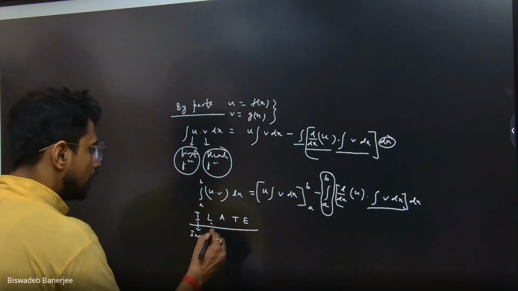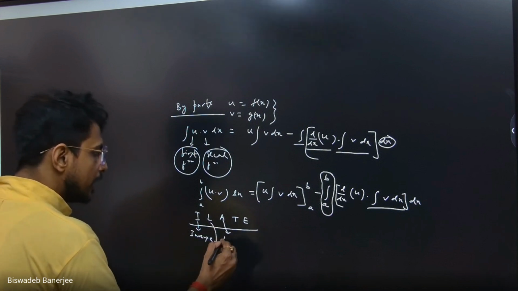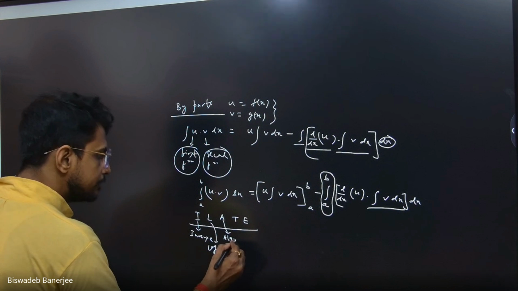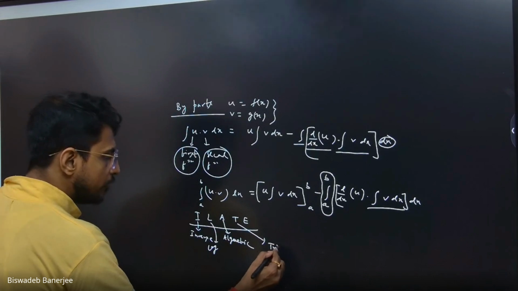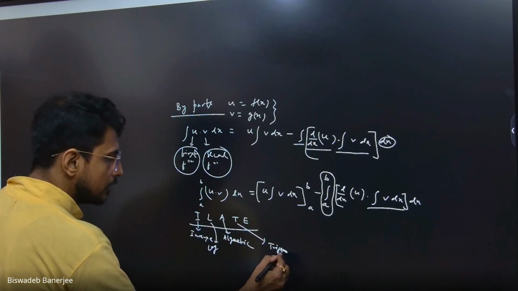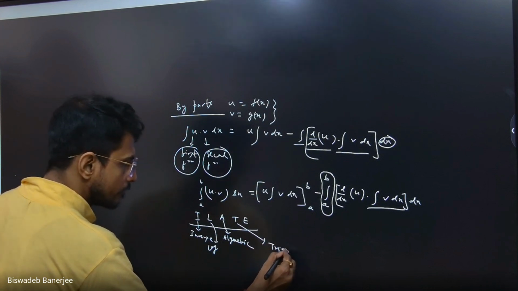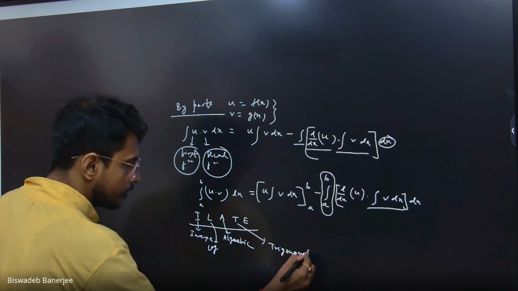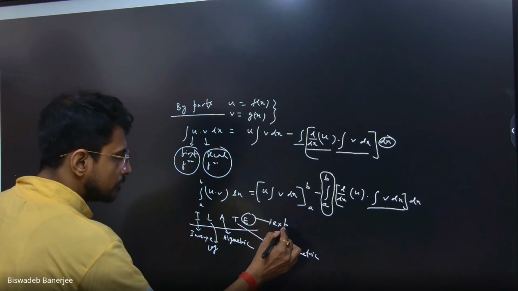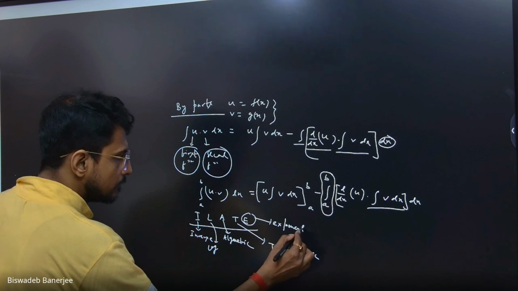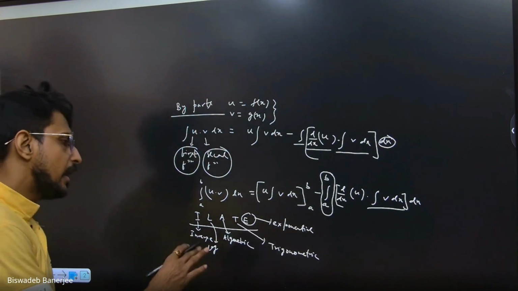My L is the log function, my A is the algebraic function, my T is the trigonometric function, and my E is the exponential function. In this order, we can select the functions by the ILATE rule.